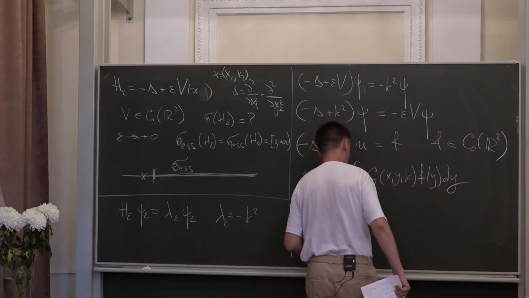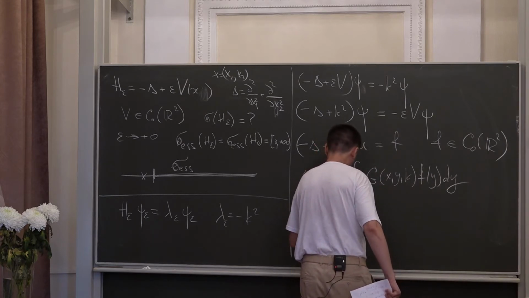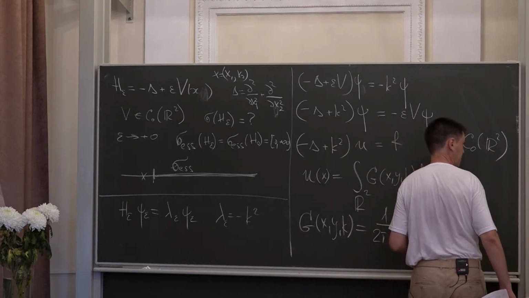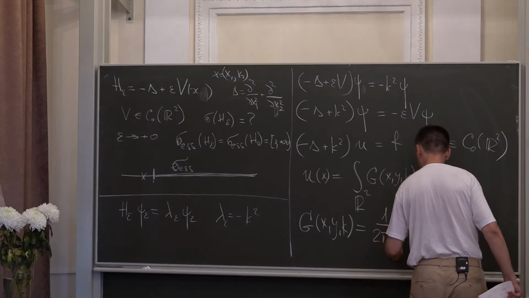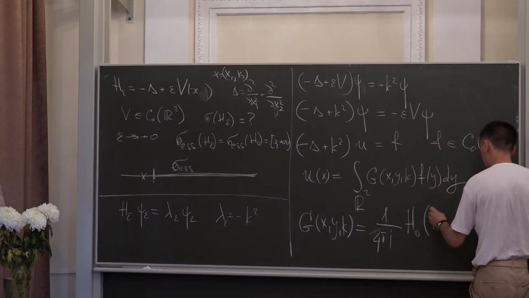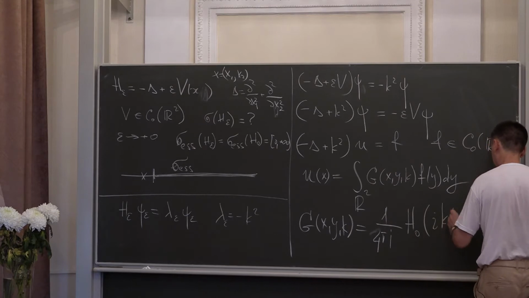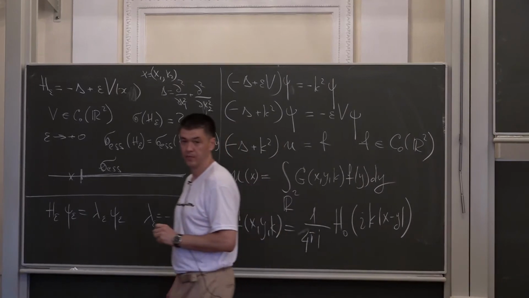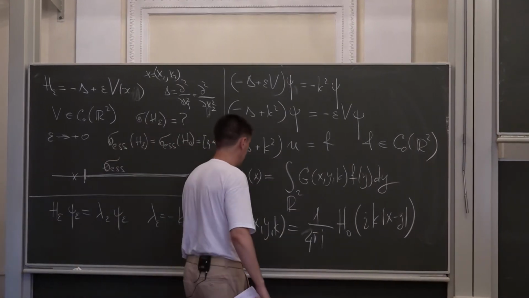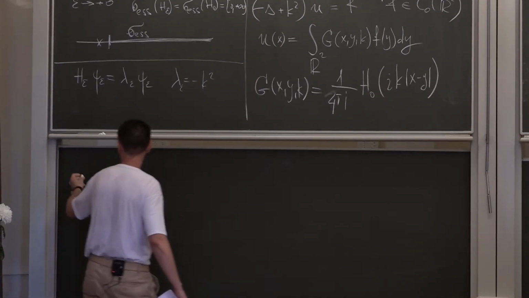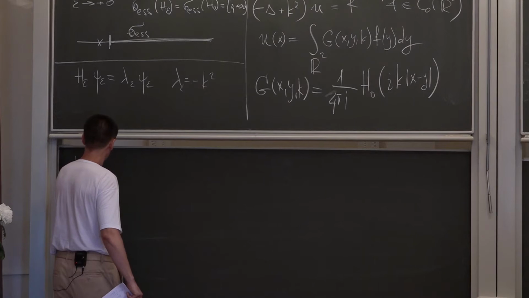And the kernel is something like, as far as I remember, 2 pi, maybe, no, with 4, and it was a Hankel function H0 of i k absolute value of x minus y, where H0 is a special function.